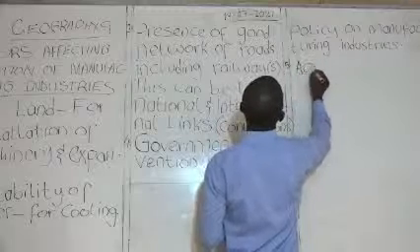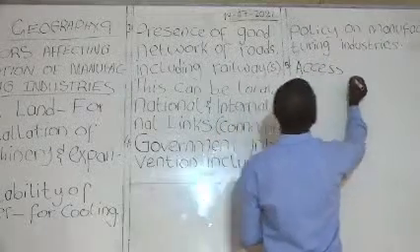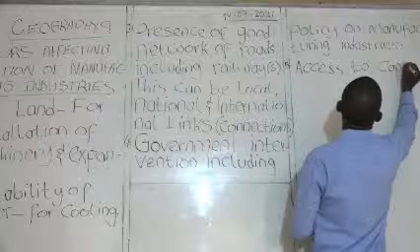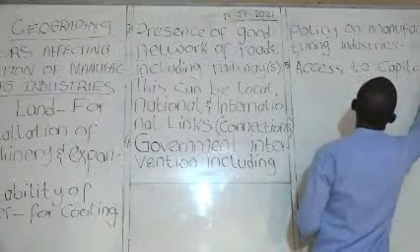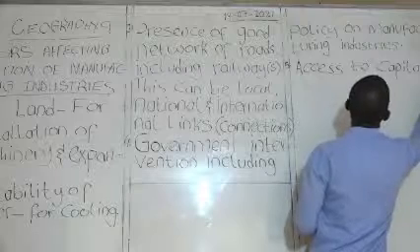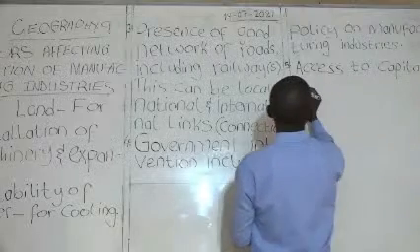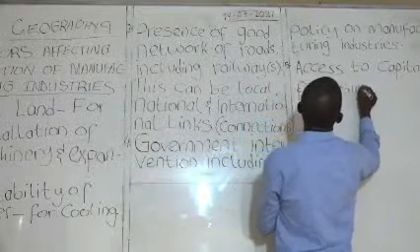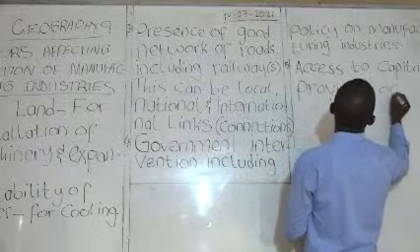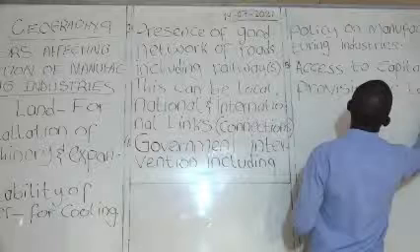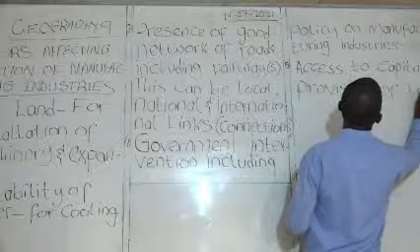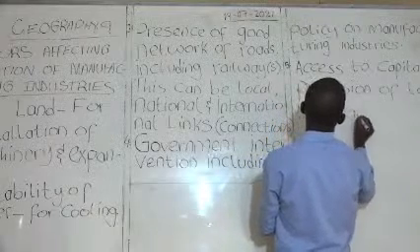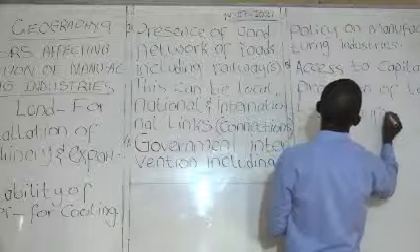Access to capital. Access to capital. So EG means example given. Okay? Provision of loans to manufacturing industries.